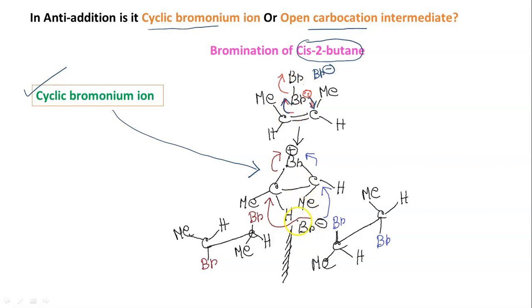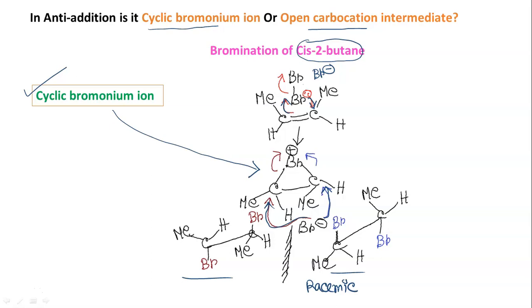This Br minus can attack from this side or from this side. Both possibilities are there. Just follow the specific color; depending on that, we can get this one or this one. These two have a mirror image relationship. Fine. So these two are basically racemic products. They are enantiomers of each other. So if it goes through a cyclic bromonium ion, we will get racemic.